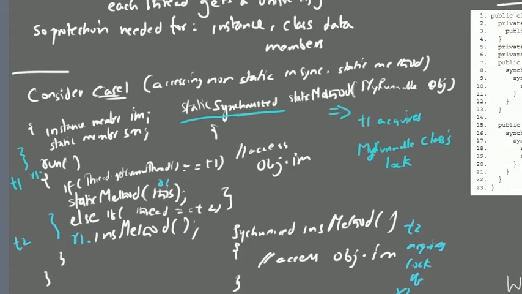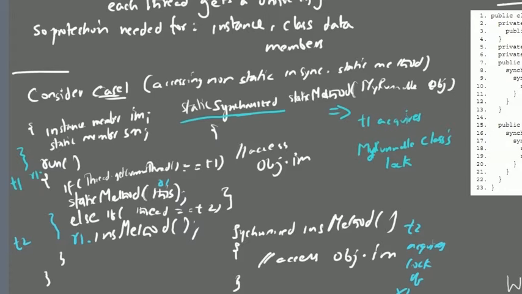Now, say I have this class with instance member IM and static member SM. Now, I have a run method. If the thread is T1, then I want to execute the static method by passing in the instance of T1. Else if the thread is T2, then I want to invoke this method, which is an instance method, a synchronized method.